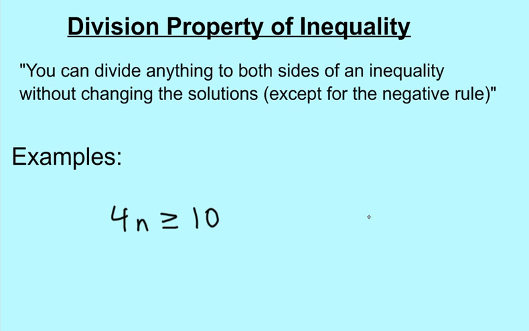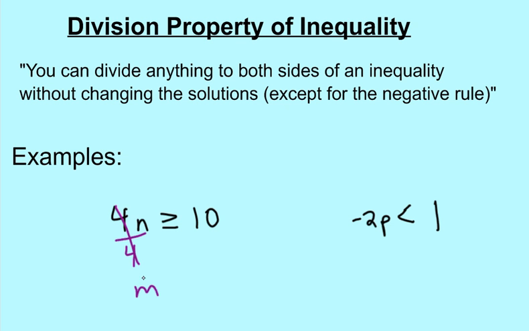And I'll give you another one. Negative 2p is less than 1. So, by the division property of inequality, we can divide both sides to get the n by itself. So we're going to divide by 4 here.